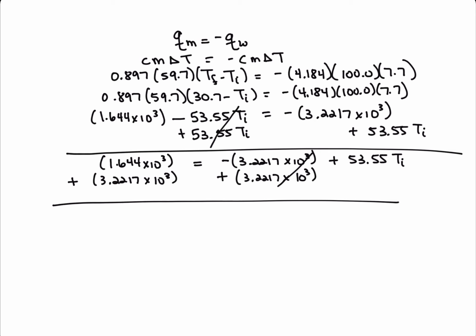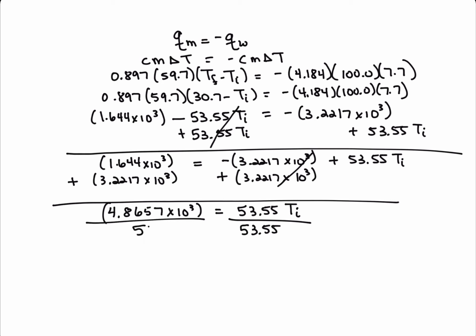So when we add these two numbers, we get... In order for us to solve for our unknown, our TI, we have to divide on both sides by the coefficient. And TI equals 90.9 degrees Celsius.